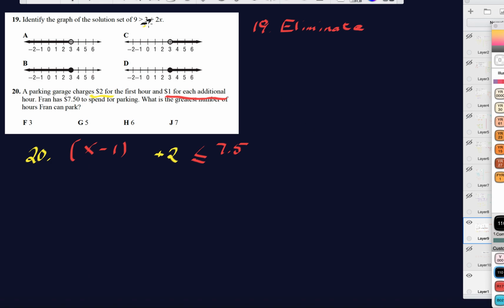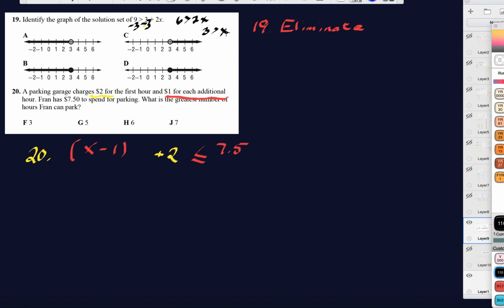Subtract 3, subtract 3. So we end up with 6 is greater than 2x, and so x, or 3 is greater than x. Okay, so we have 3 is greater than x because we divided by 2 over here.